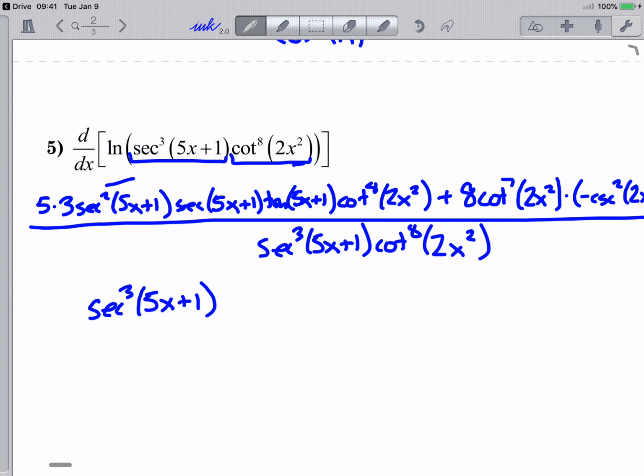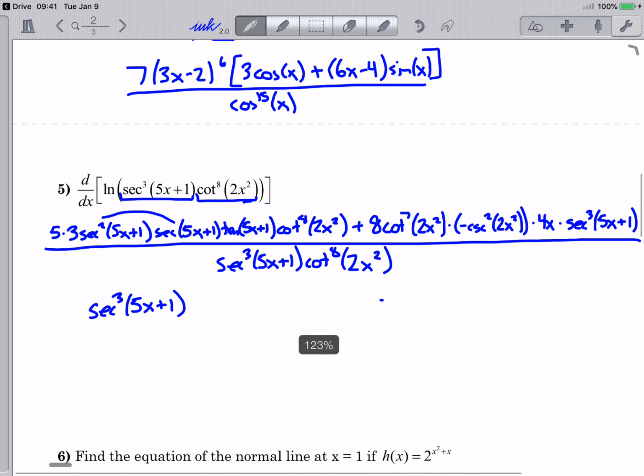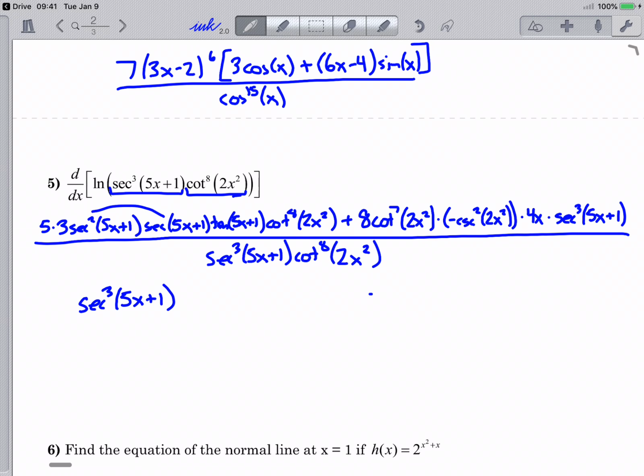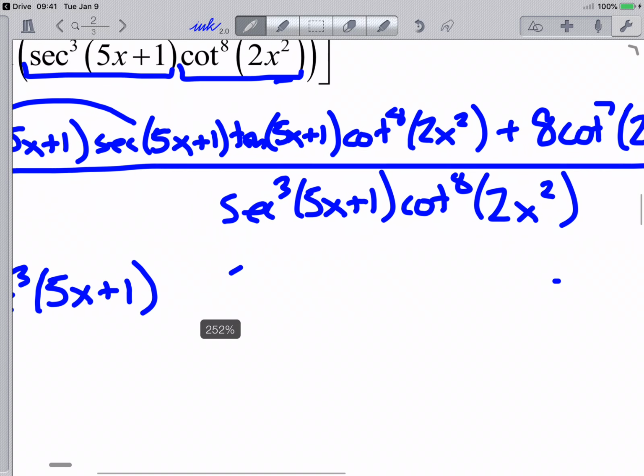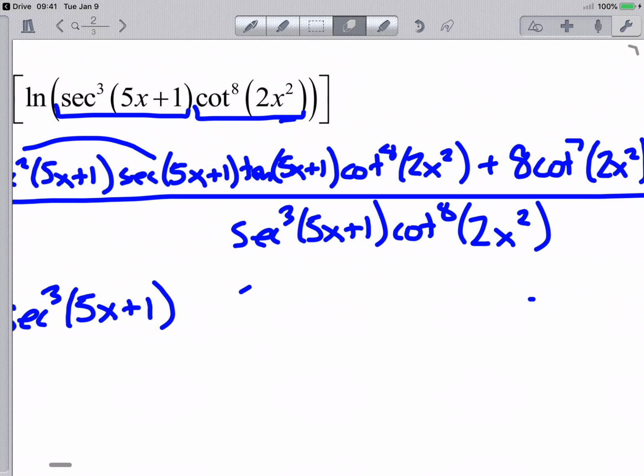Because the secant squared and secant here make secant cubed. There's no other trig functions of 5x plus 1, so I've just got the cotangents that I can factor out, and I've got 7 of those. That's the smallest I can pull out. Cotangent to the 7th, 2x squared.